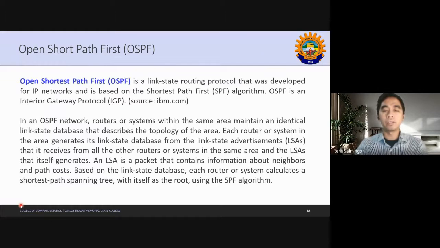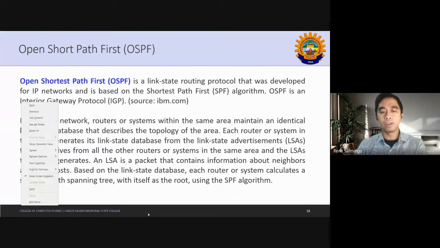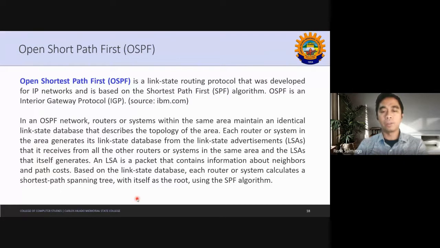An LSA is a packet that contains information about neighbors and path cost. Based on the link state database, each router or system calculates a shortest path spanning tree with itself as the root using the SPF algorithm. So you have the shortest path first algorithm.